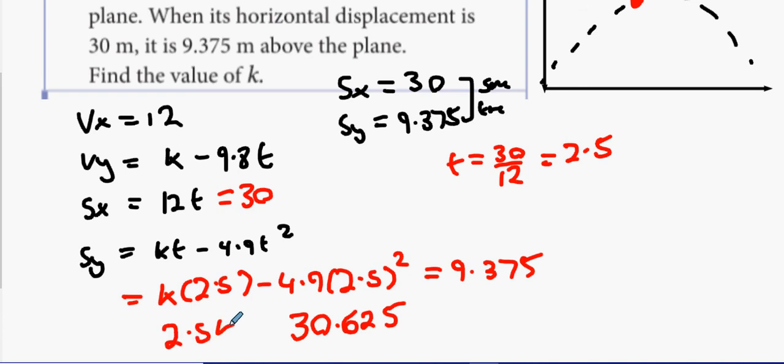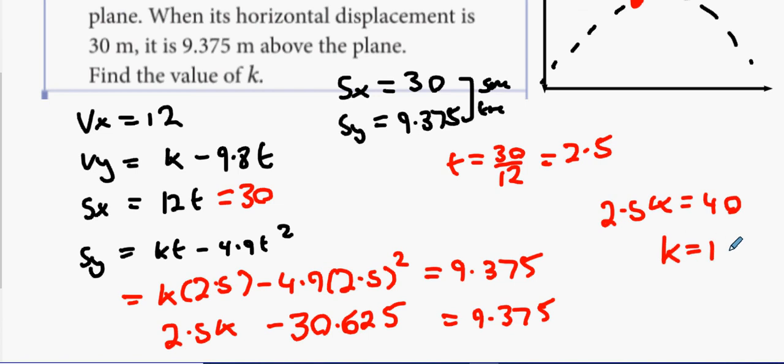That's 2.5k. That equals 9.375. Add on your 9.375. 2.5k equals 40. And then 40 divided by 2.5 equals 60. Okay with that?